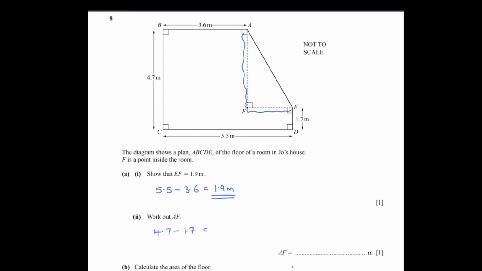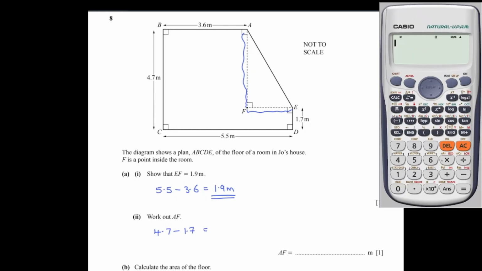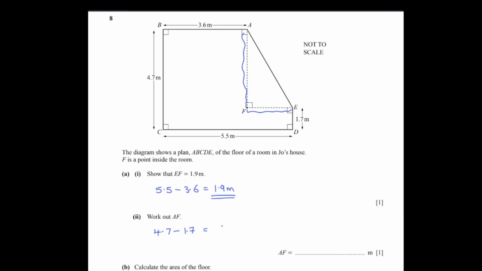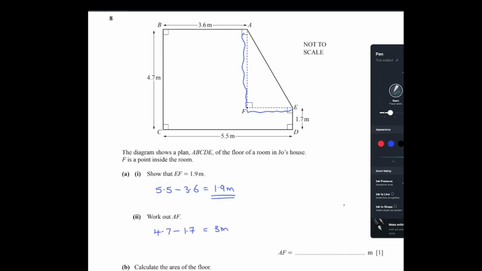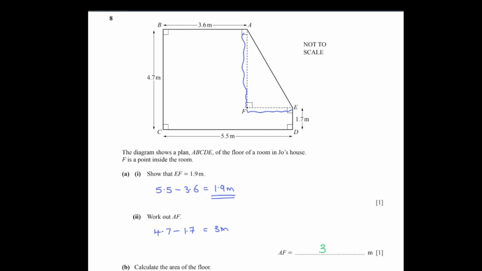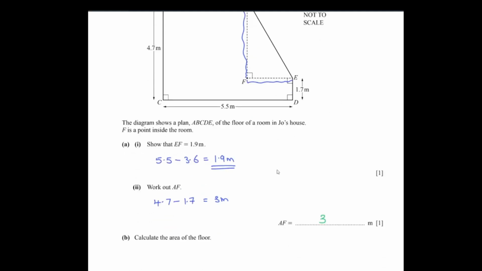Find out. 4.7 minus 1.7 is 3. So AF is 3. Write down the answer. Question number A is done in the 8th question.